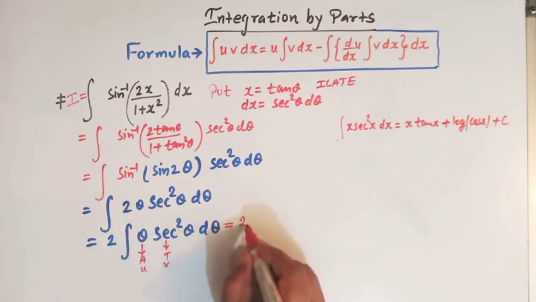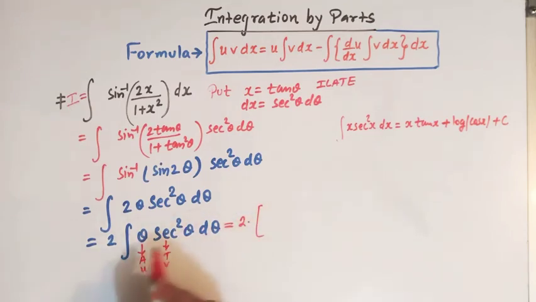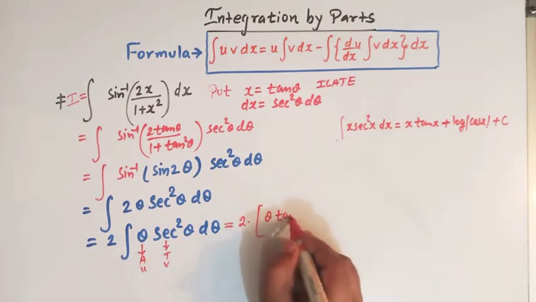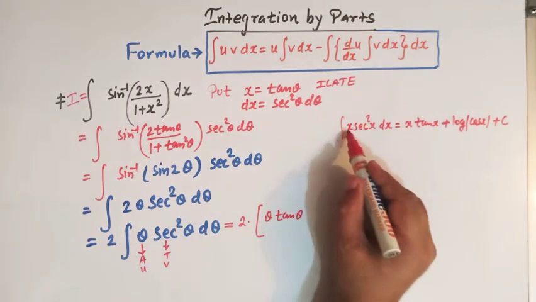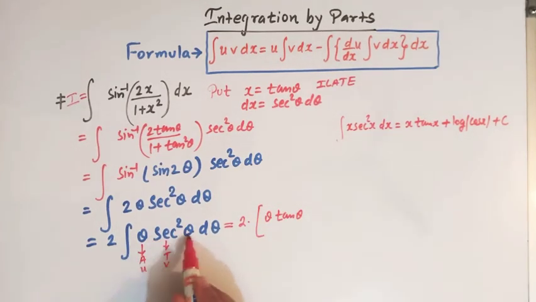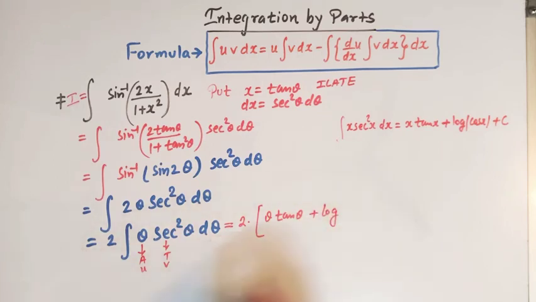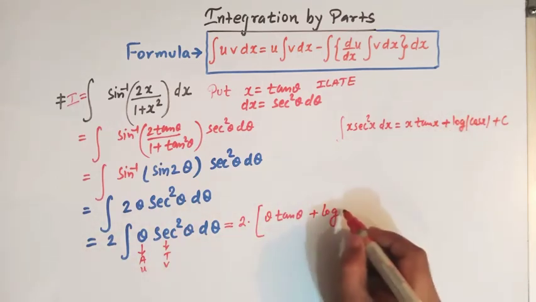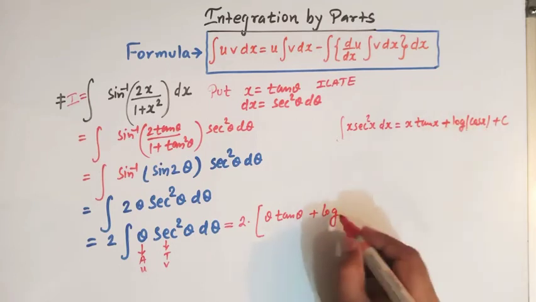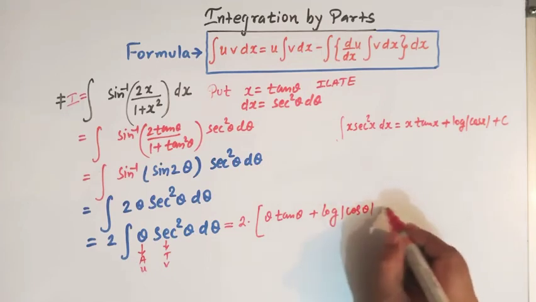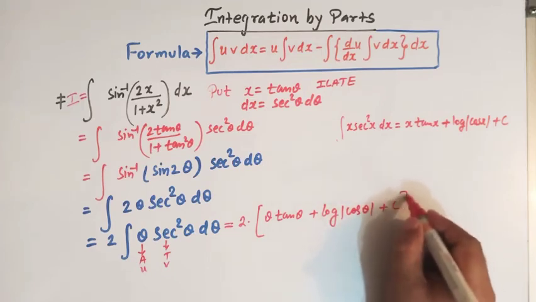So we have 2 times the integral of x sec square x dx. So here we have theta tan theta, because here the variable is theta, plus log of cos x, which can be written as log of cos theta, and plus c.